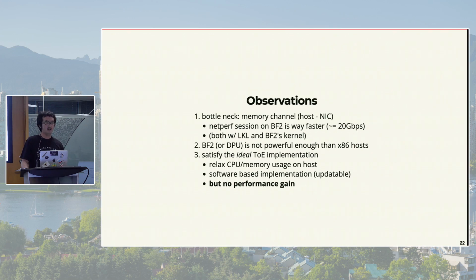Because if we run netperf on this smart NIC without any host interaction, the result is way faster than the offloaded version. So there should be some bottleneck in our implementation.